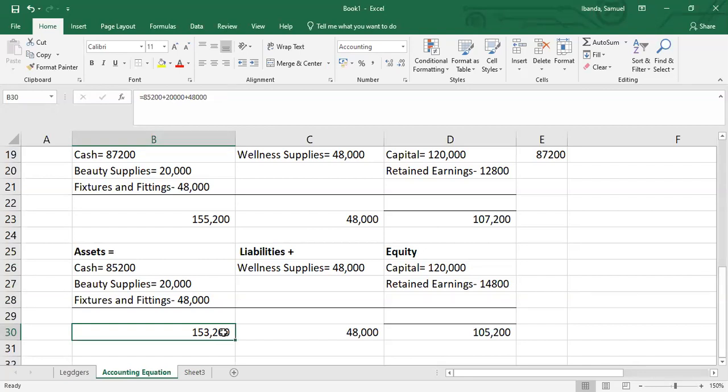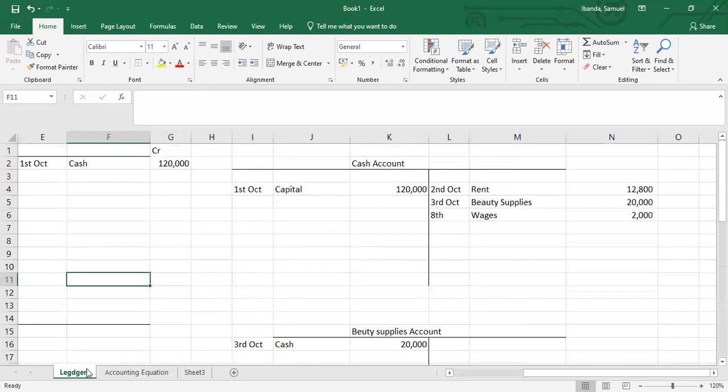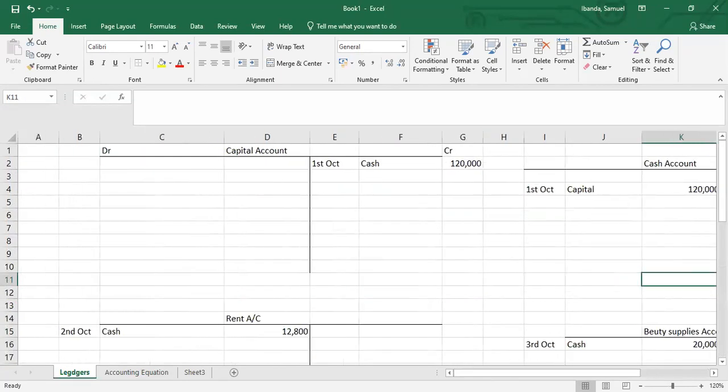So you can see how the accounting equation works. It is that very simple. And also when it comes to the ledgers, it's important for us to appreciate that as it is.